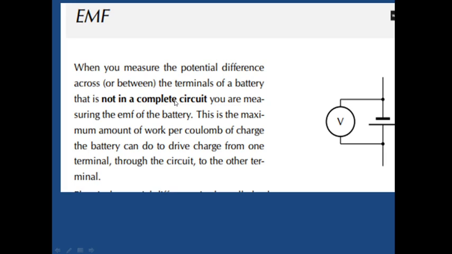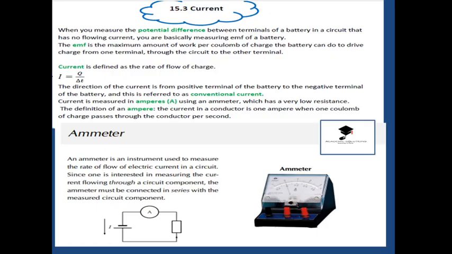Now let's look at what is called a current. Once our battery is fine and our circuit is connected, the charges start to flow through the complete circuit. When they start to flow, we get what we call our current.